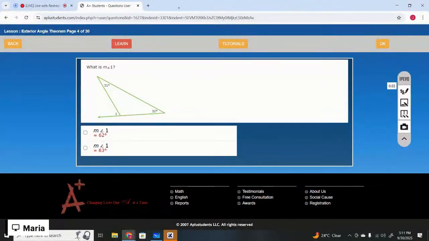What is the measurement of angle 1? So which is the correct option? That is 63 degrees.